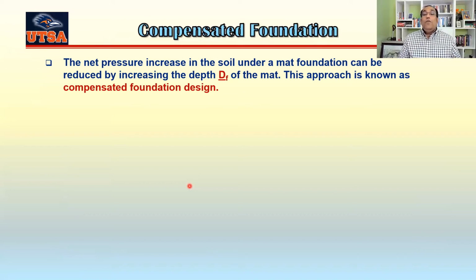So if you make your depth in such a way that the soil doesn't take any increased vertical load, then we call that a fully compensated foundation. It means the weight of the building has been compensated by digging out the soil from there, okay.